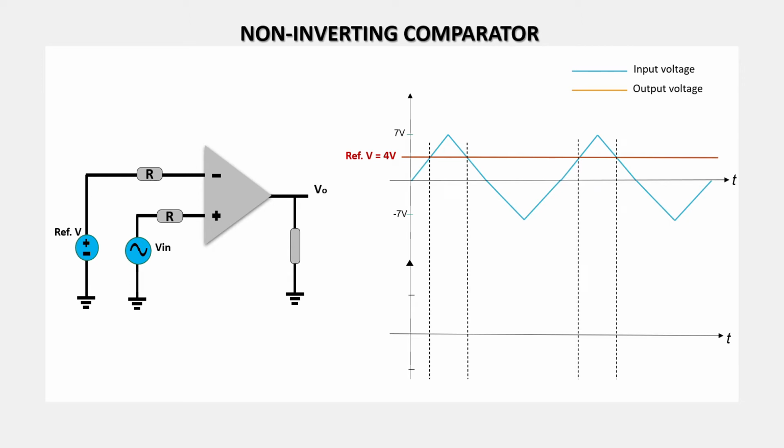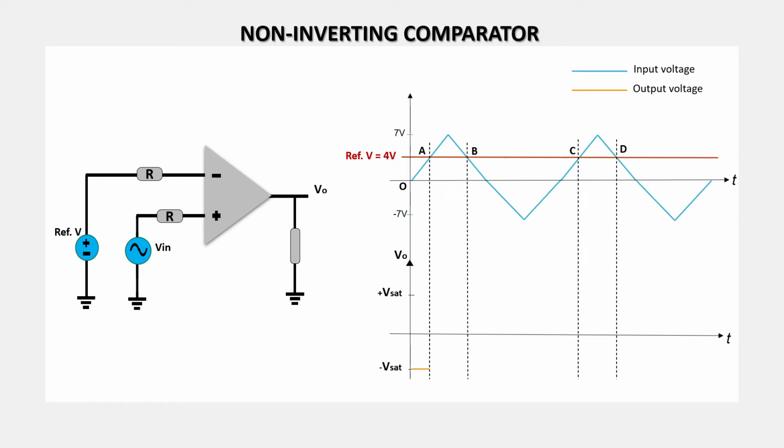Now the output waveform is split into 5 parts. We know the operation of the op-amp in open loop configuration: when the voltage at the inverting terminal is larger than the non-inverting terminal voltage, we will get output as minus Vsat. So for segment OA, inverting terminal voltage is greater. So output is minus Vsat.